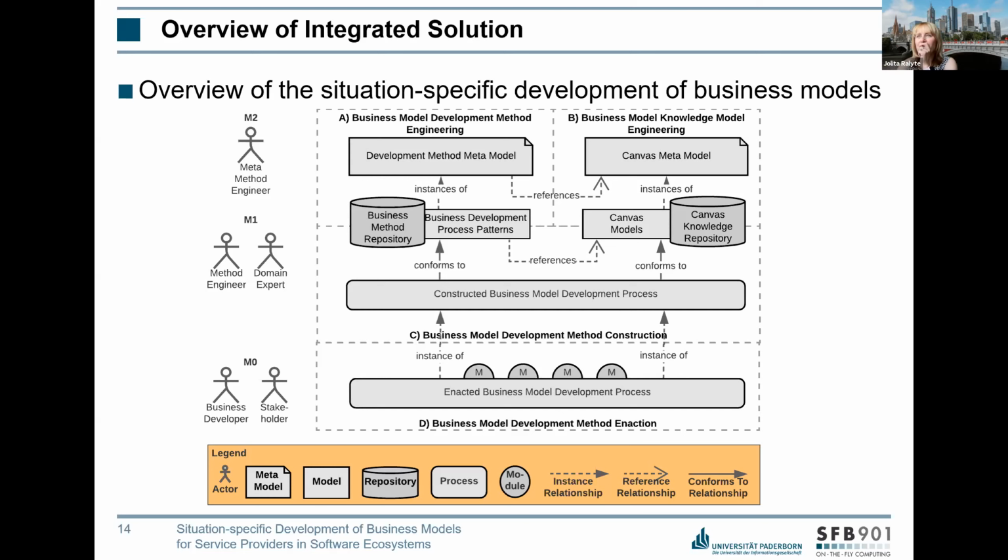Also, another idea I had watching your presentation is what you probably need to build, because you have a quite narrow domain, building business models fitting to some situations. So now you're looking at business models for service providers, and then you could extend to other domains potentially. So you could build a kind of method family where you have a generic process, and in every step of the process you have different method components in the repository.